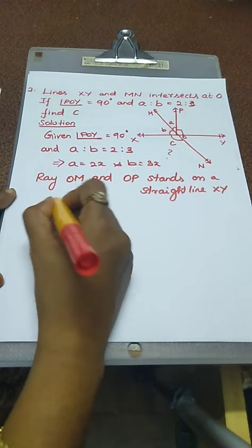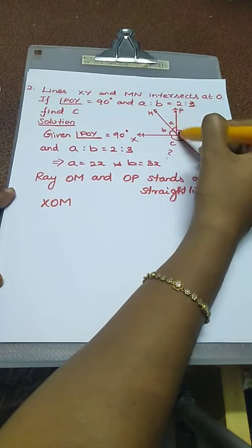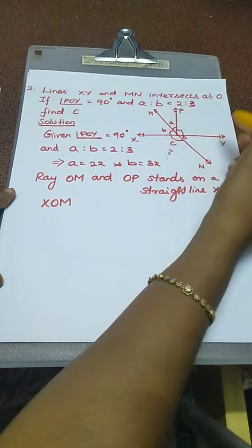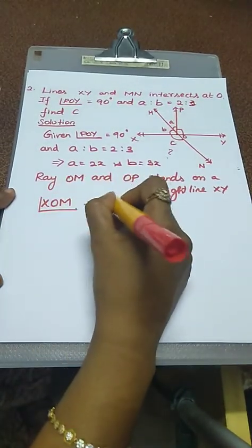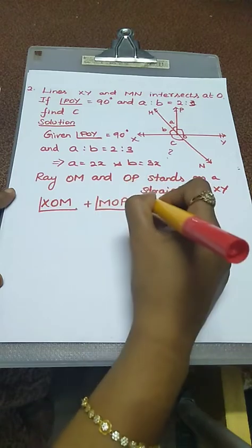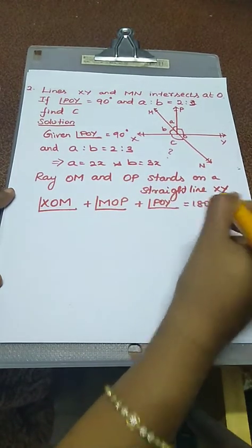So angle XOM plus angle MOP plus angle POY is equal to 180 degree.